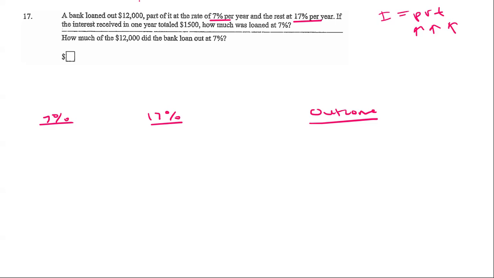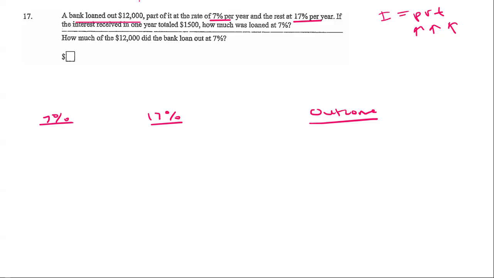Okay, so that's how I'm going to do this. The first part is the principal or the money borrowed. So the bank loaned out $12,000. Again, part of it was 7% and part of it was 17%.